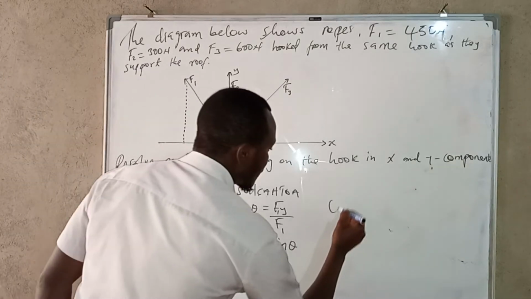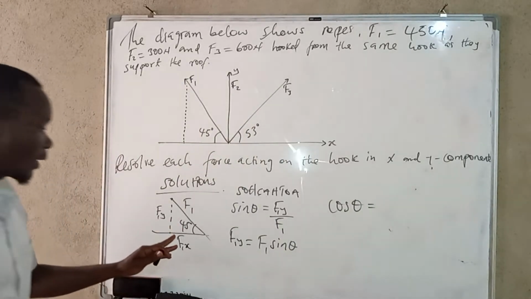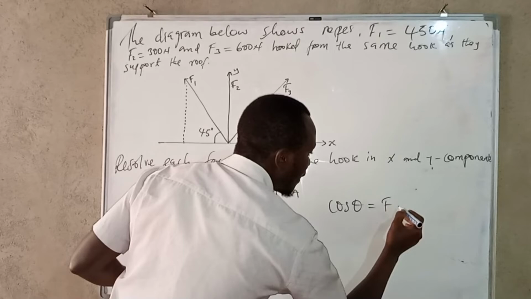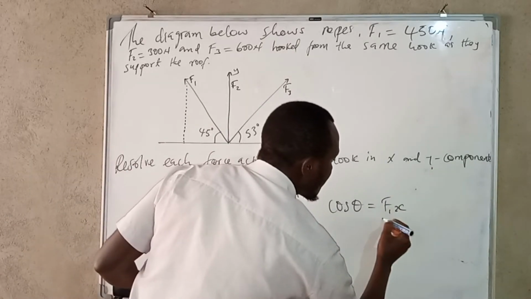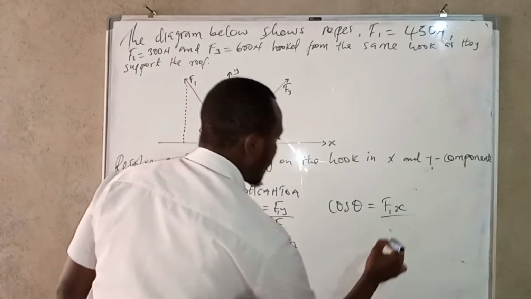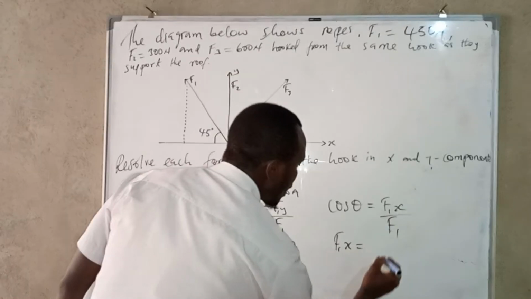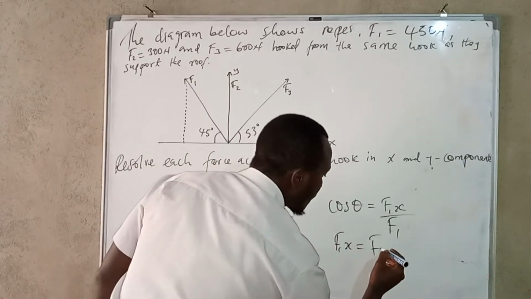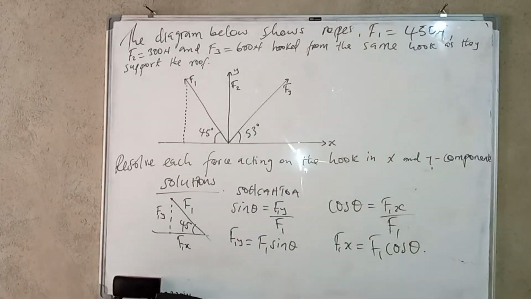So we have cos theta is equal to adjacent F1x over F1. So F1x will give us F1 cos theta. We can plug in the values.